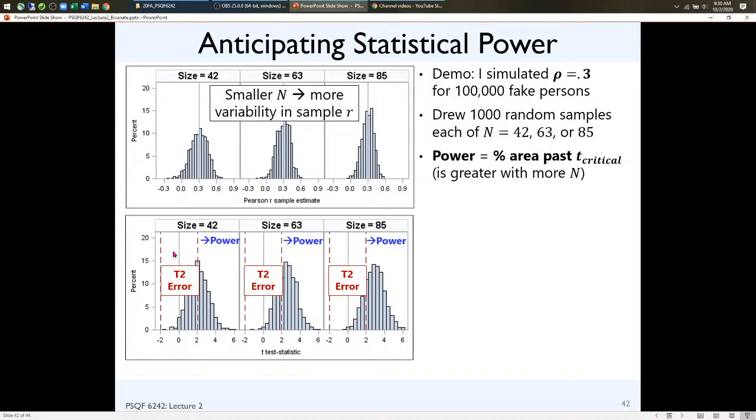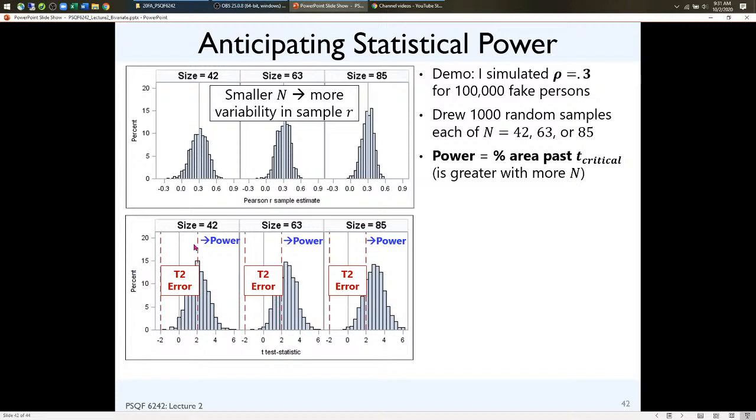So I have broken up this distribution into chunks here based on whether or not for any one replication you would decide to reject the null hypothesis. So a t of just over 2 in the case of 42 people, t closer to 2 in the case of 85 here as our boundaries. So any t-test statistic that would be smaller than -2 would be declared significant, a significant negative correlation in any one sample. That didn't happen.